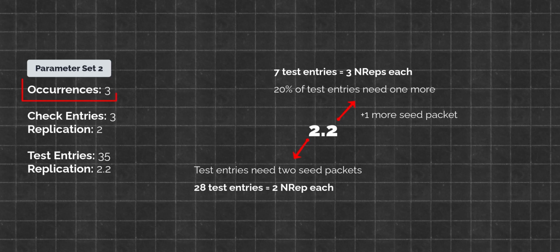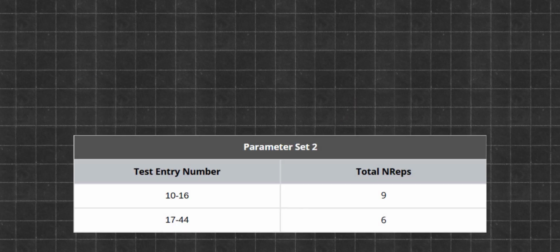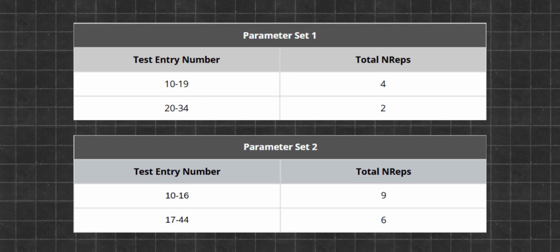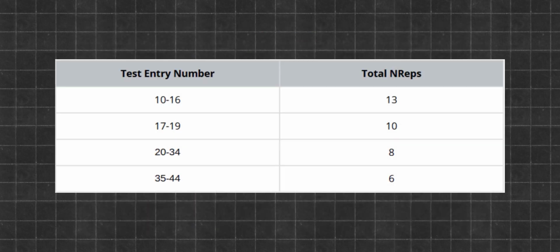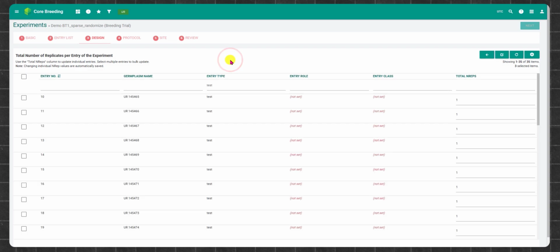But because parameter set 2 has 3 occurrences, we multiply the nrep values by 3. In summary, we have these total nrep values for test entries in parameter set 2. Adding these to parameter set 1, we have these total nrep values for our test entries. Let's go ahead and supply these details in EBS.